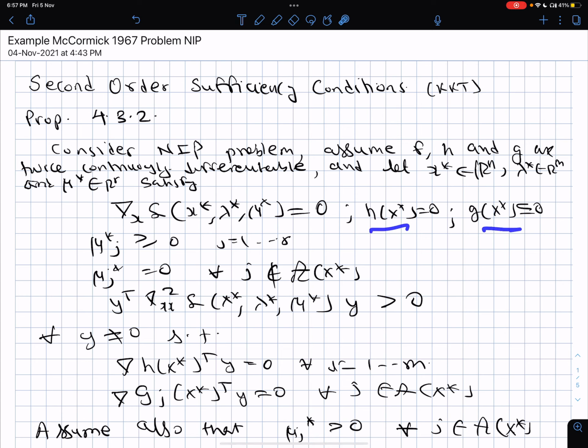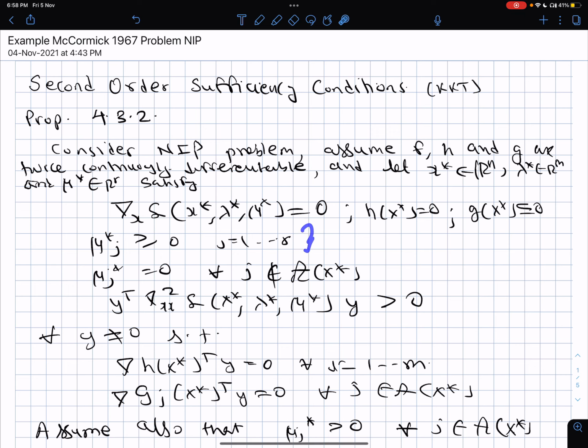It should be a feasible operating point, and the mu's should be greater than or equal to 0 for j equal to 1 to r. So there is no restriction on the sign of lambdas, which are the Lagrange multipliers associated with the equality constraints, just as in the NEP problem.